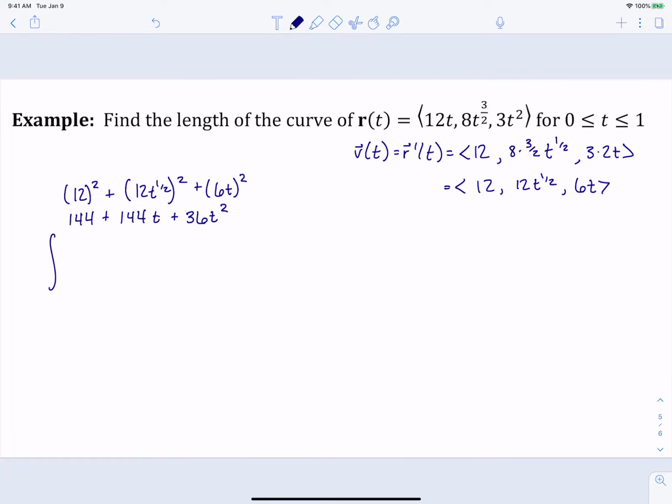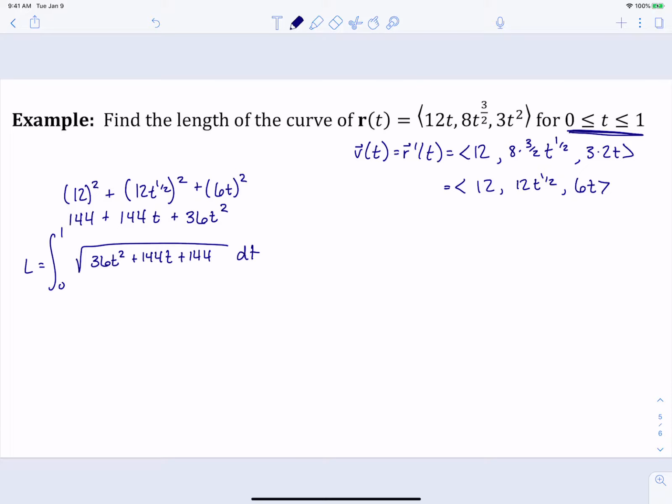So now this is what's going to go inside of our square root. 144 plus 144t. And you know what? Maybe I don't like it written in that order, so we can rearrange that. Let's write 36t squared plus 144t plus 144 dt. And remember this interval that we give you, that's our limits of integration.